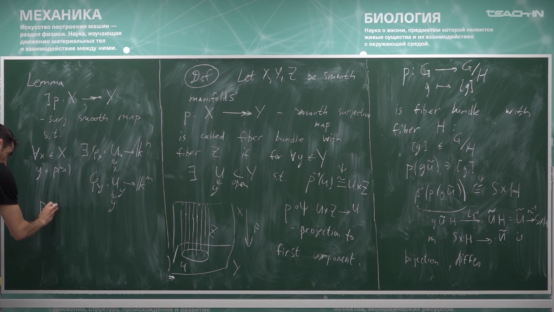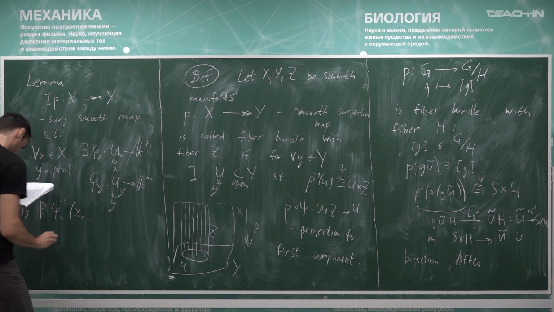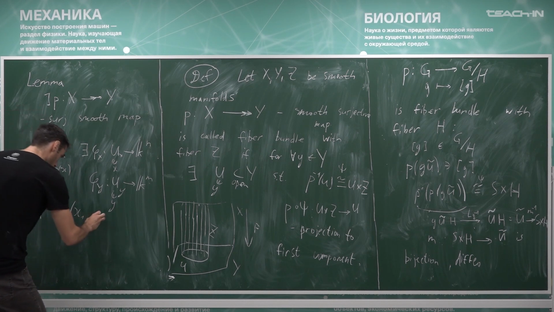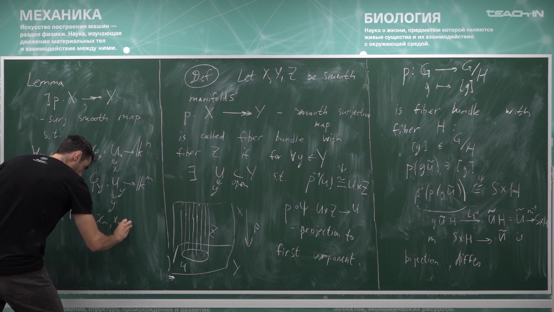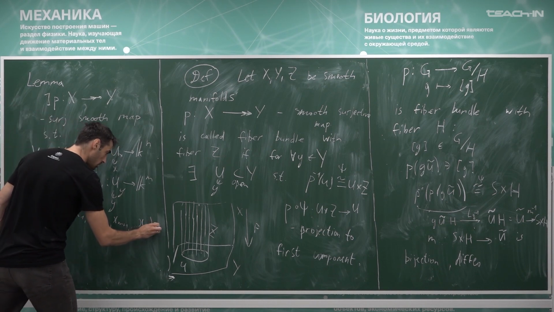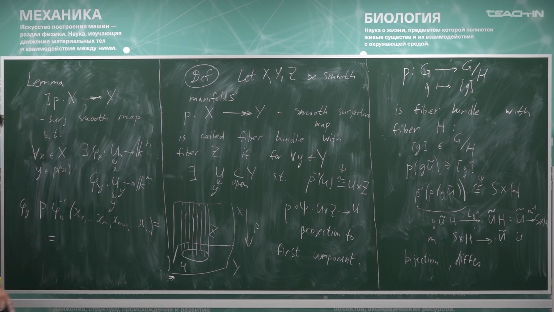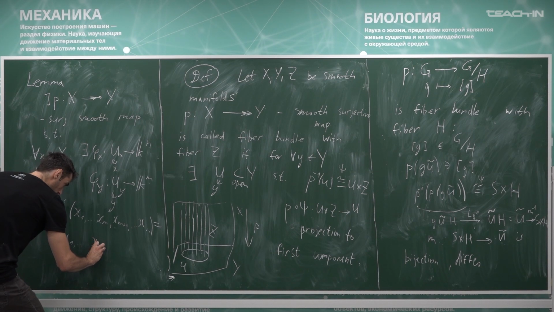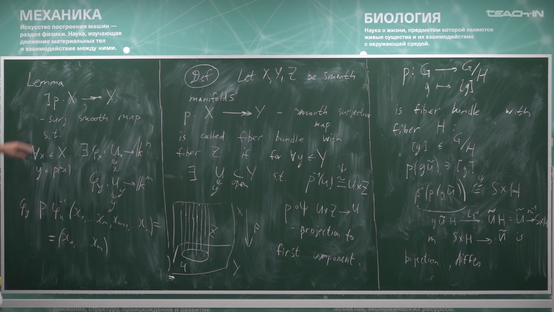If I precompose P with phi X inverse and then phi Y, it takes x1 through xm, then x m plus 1 through xn, and it just forgets about the last n minus m coordinates. So it's just x1 through xm.